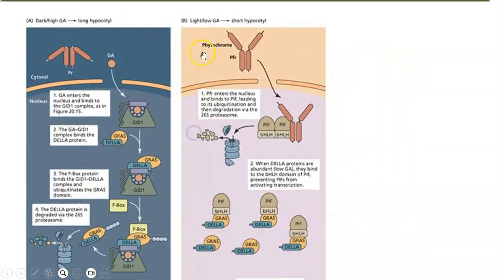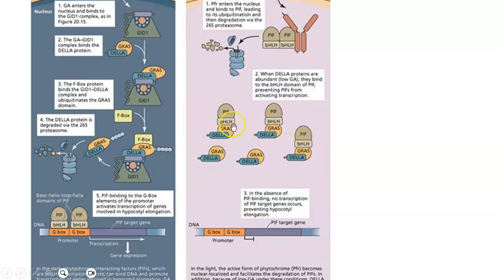Whereas in light condition, we have low GA leading to short hypocotyl. The reason is that phytochrome is present in the active stage, that is the PFR stage. When it comes inside the nucleus, it will target the transcription factor for proteasome-mediated degradation. Not only that, in the light condition, the DELLA GRAS proteins are abundantly found, so they will also be targeting the transcription factor for degradation.